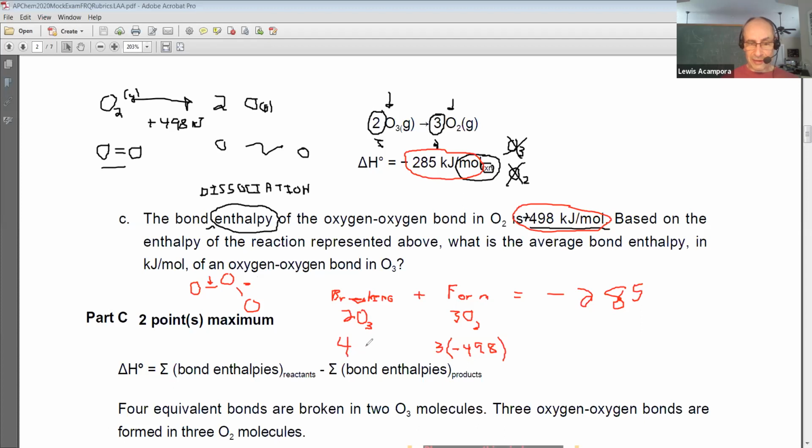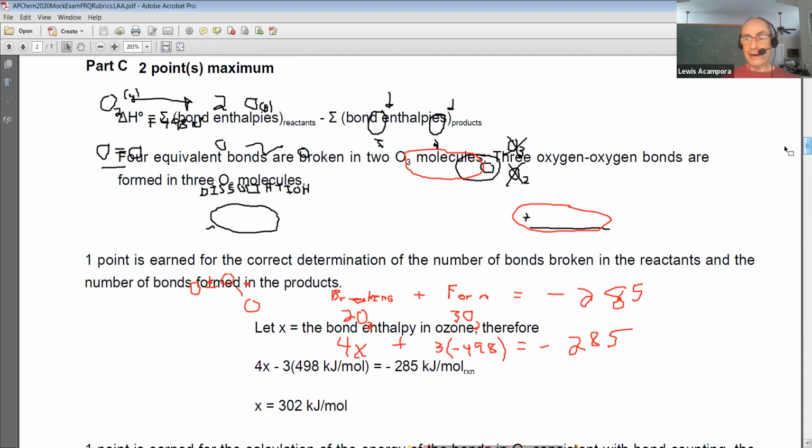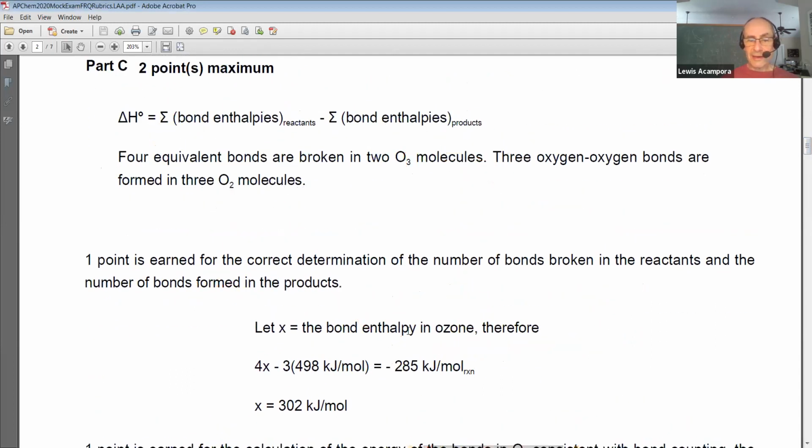So I can say there are going to be 4 bonds that have to be broken. I'm going to put an X there, put a plus there, and write equals negative 285. And then when I solve that for X by adding this to both sides and then dividing by 4, I should get about 302. And there is my equation.